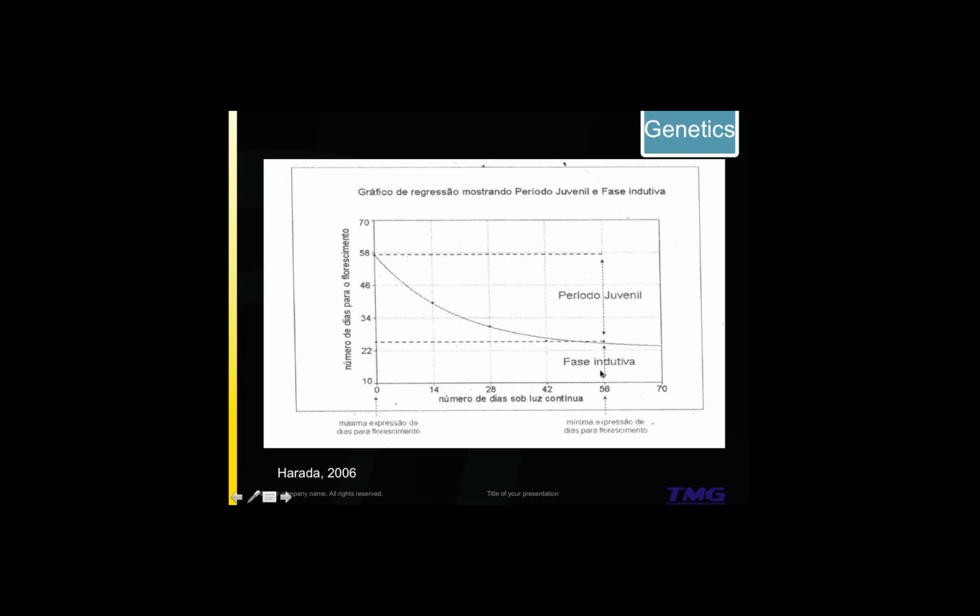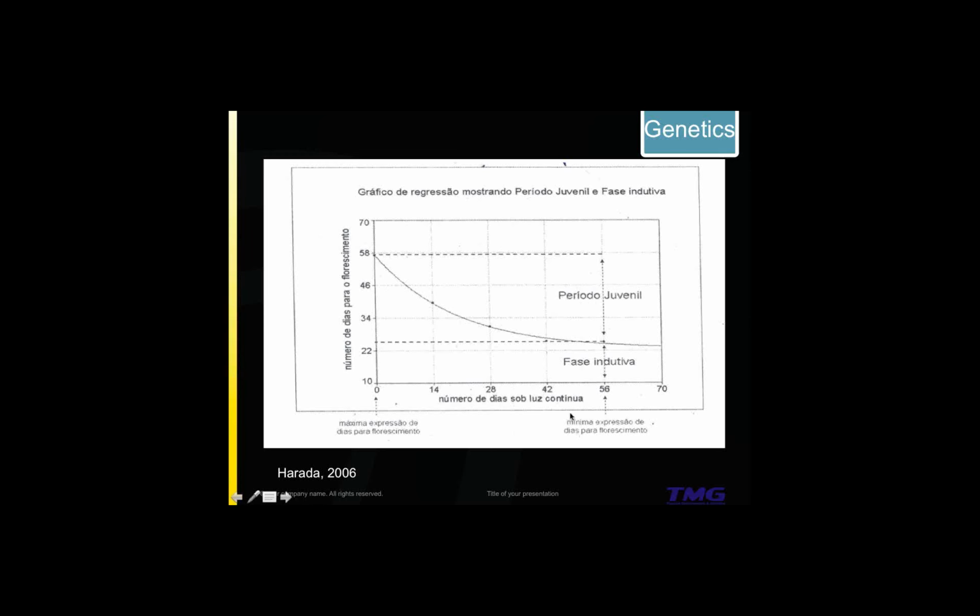And by doing that, one can separate and measure what we call the inductive phase, which is the phase where the plant starts to actually measure the day length, and by the difference between days for flowering under continuous light and days for flowering with zero supplementation of light, one would measure the juvenile period.